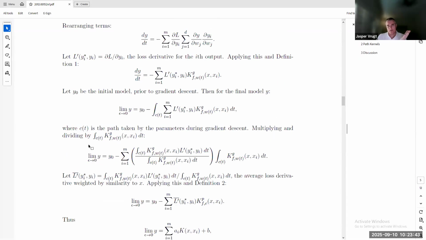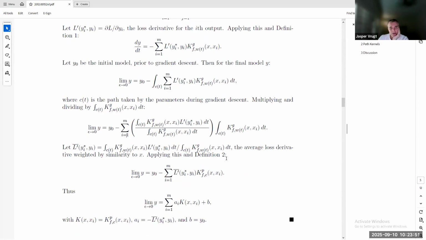So now you apply mathematics and you can rewrite this equation, and based on definition 2, ultimately you arrive here that your y is a summation over all your training samples of ai, a kernel, plus b.